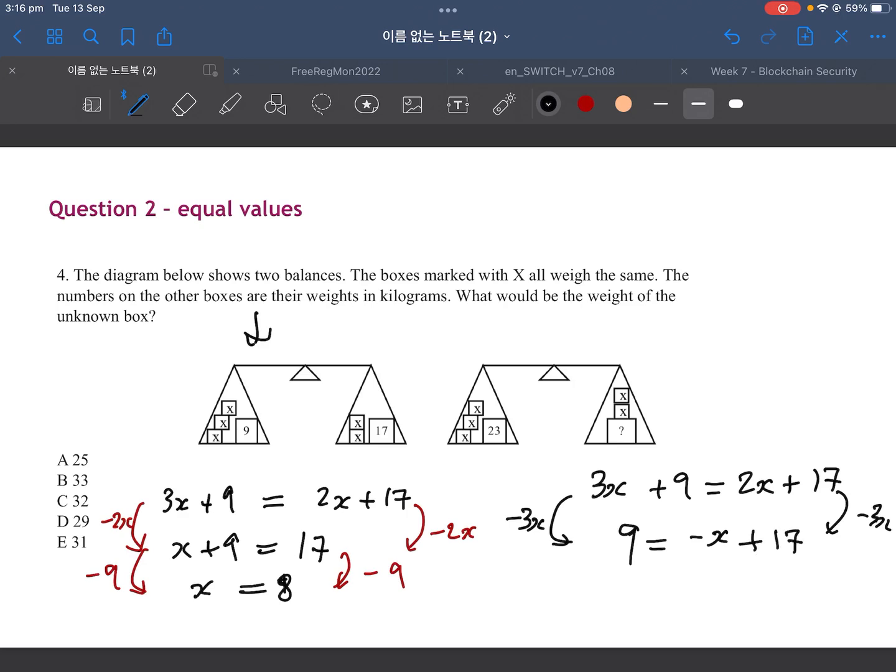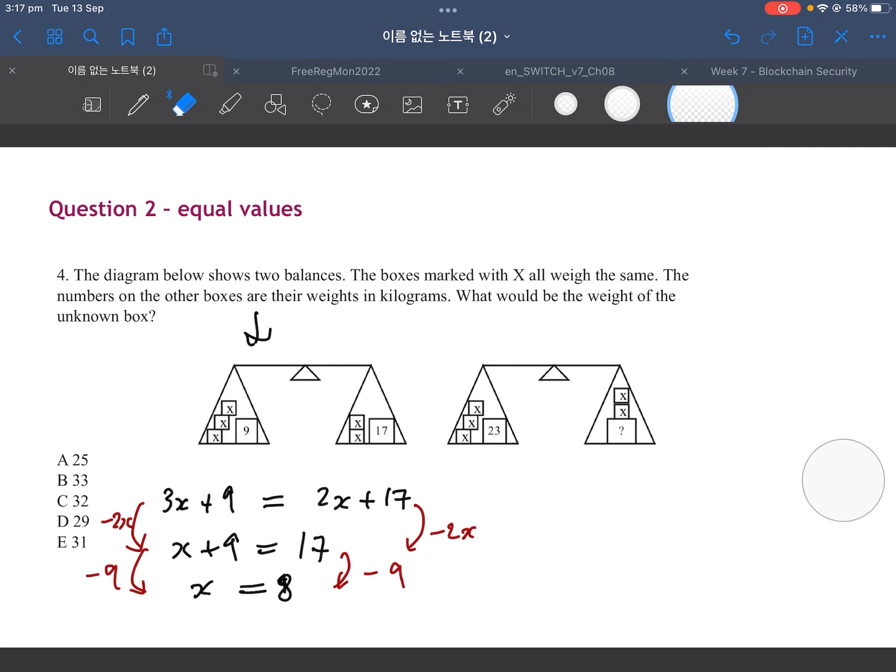And if I move 17 to the left side, I get minus 8 is equal to minus x. Can you see how I can just cancel away the negatives and I get the same answer, x equals 8? It's just a bit more difficult, where I have to be wary about what I'm doing. So I prefer not to do that, which is why I don't select this option. But if you were wondering, yes, it's exactly the same. No worries.